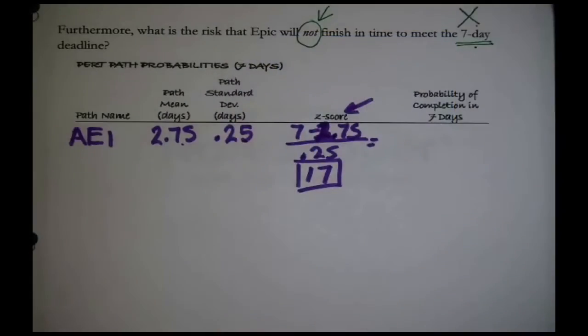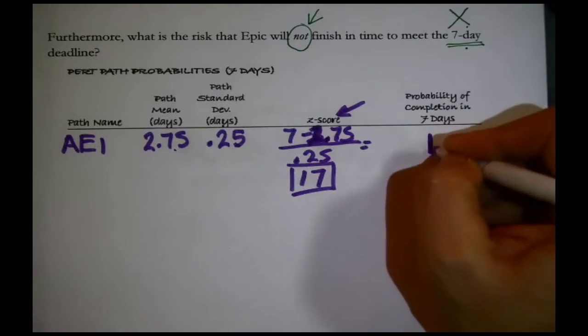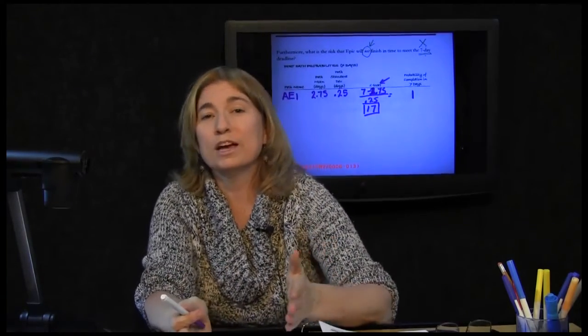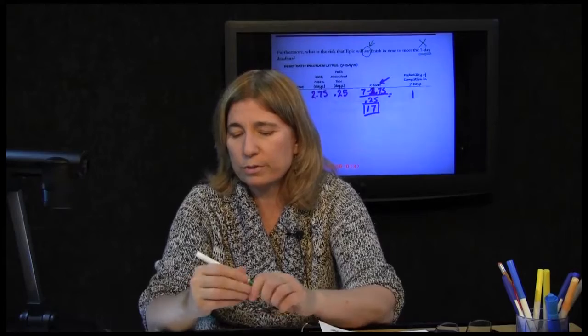Remember our rule of thumb, if it's greater than 3, forget about it. We weren't worried about path AEI back when we only had 6 3/4 days. We said 100%, or a probability of 1. Now we have 7 days to get it done, and we're still not worried about it. That makes sense. But we better check the other paths.